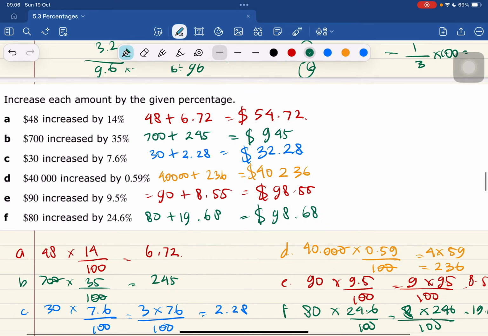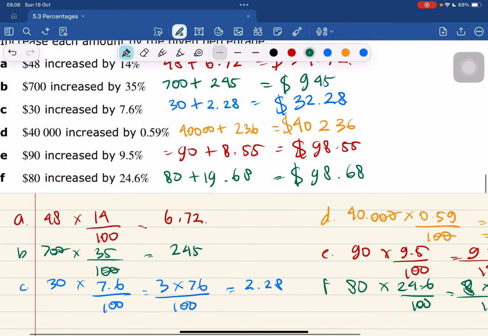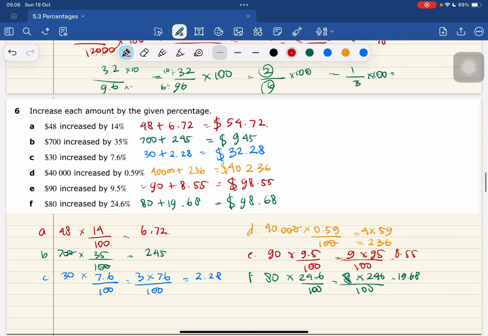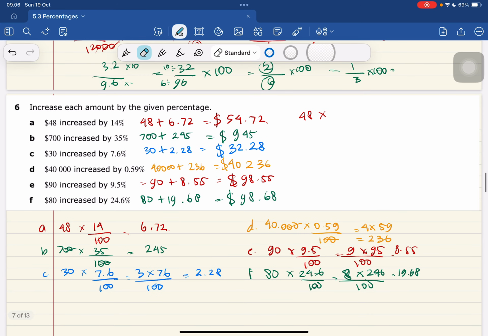So actually, if you would like another way, you just need to find it for A. So this is 48 multiplied by, not 14, so it's going to be 100, because the original is 100, plus 14, so 114 percentage.